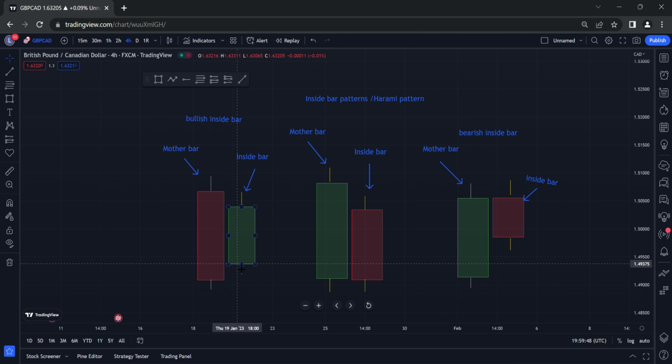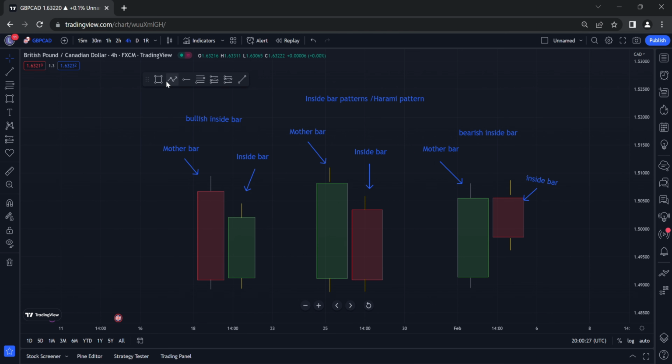Then for this one, it opened here, then it moved until here, making it the inside bar, the candle that failed to engulf this first candle. This is the inside bar which failed to engulf this first candle.